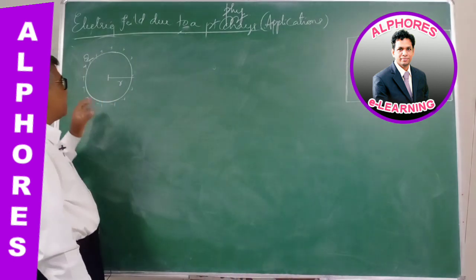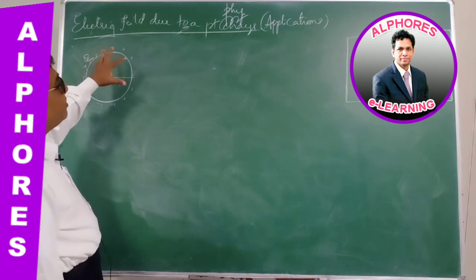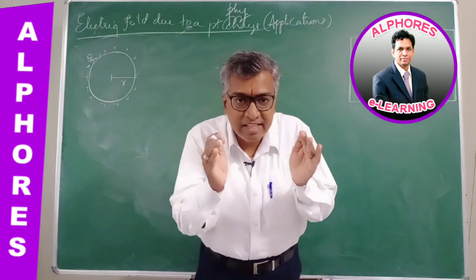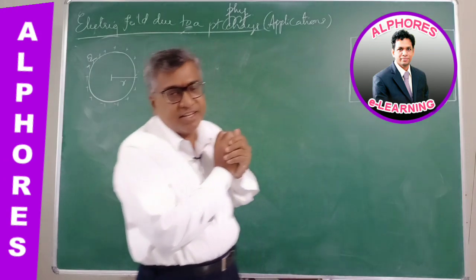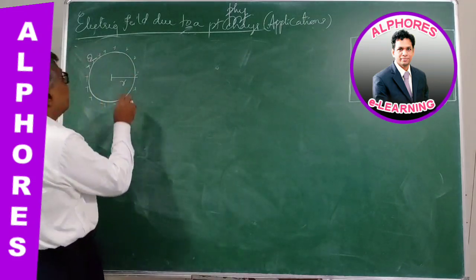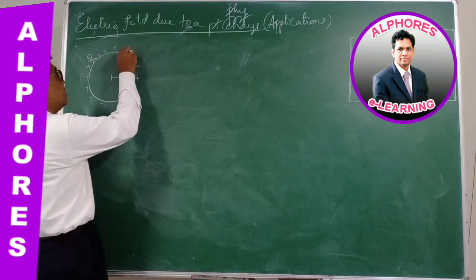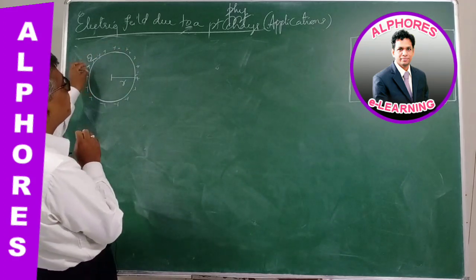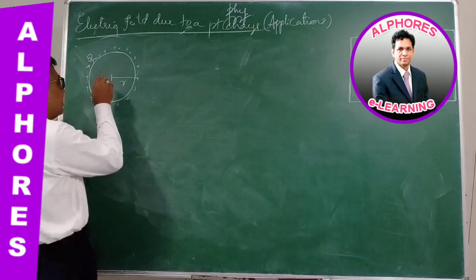You know, when there is charge on the conductor, the charge is uniformly distributed such that all the charge seems to be existing at the center, which is referred to as the center of charge. So the charge behaves as if all the charge is concentrated at the center.